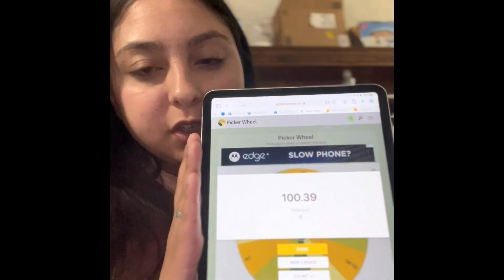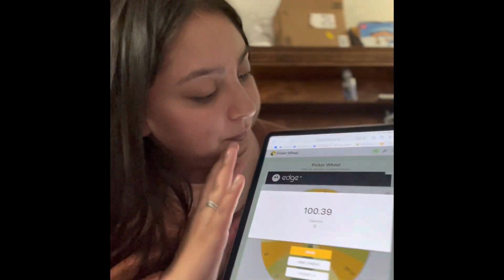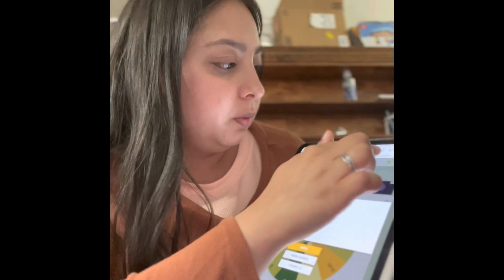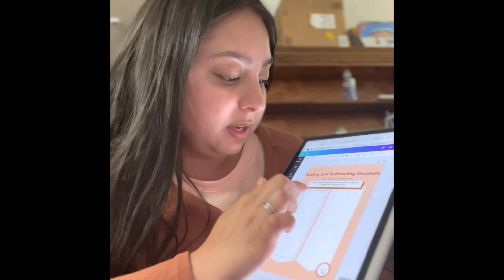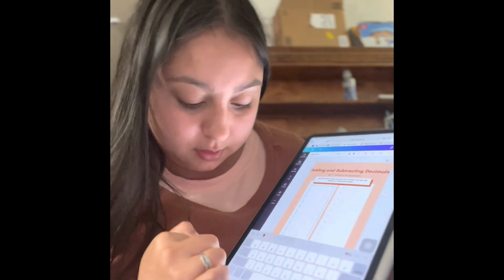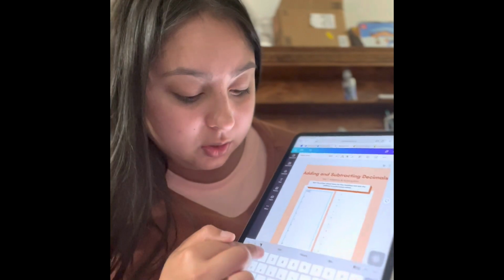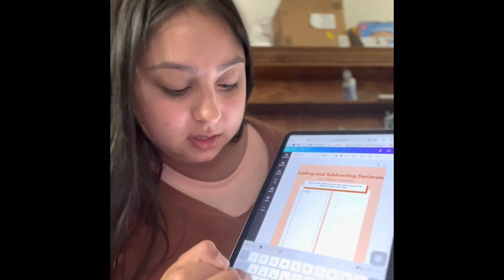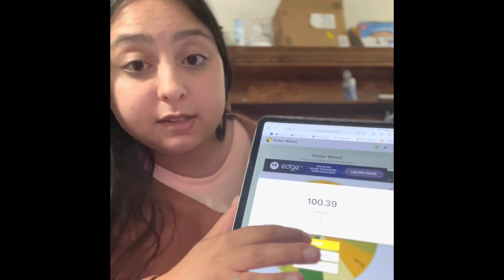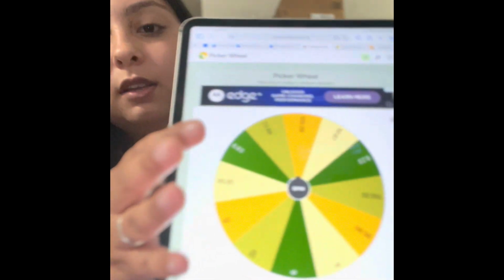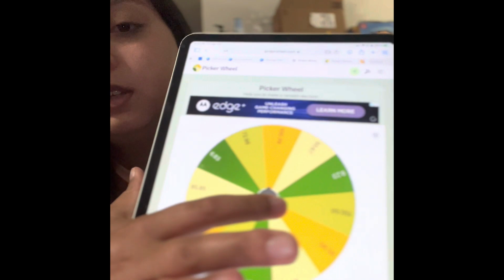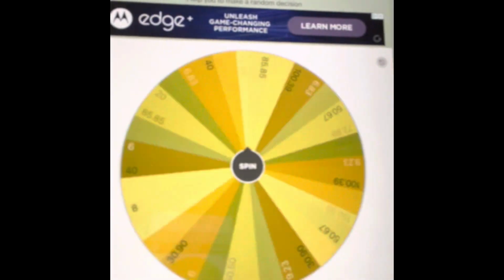We have 139 hundredths. So we got to make sure we put that in so we don't forget. 139 hundredths minus, go back to the picker wheel, press done. You always have to press done so we don't delete the other ones. Let's press spin.